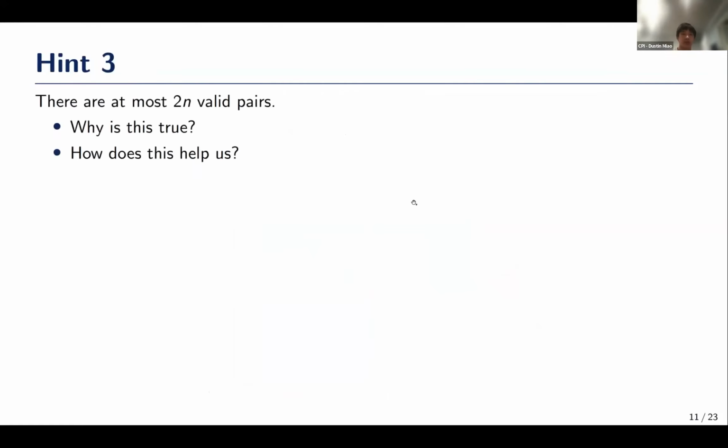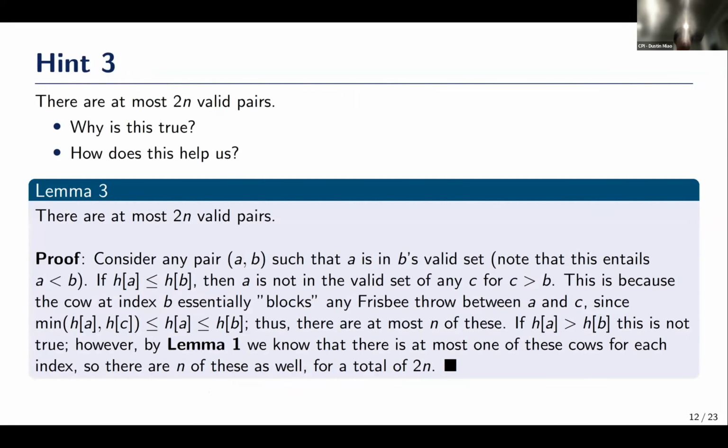So using these two observations, we can derive our third hint, which is that there are at most 2n valid pairs. Two things we want to consider are why this is true and how it helps us. The first thing is why this is true.